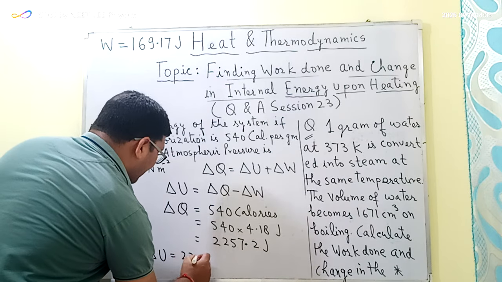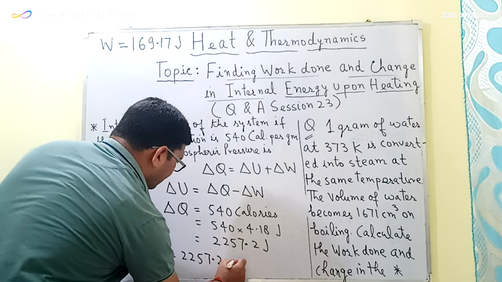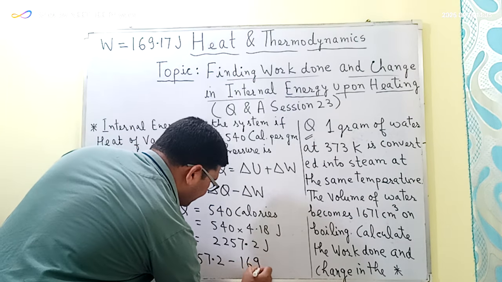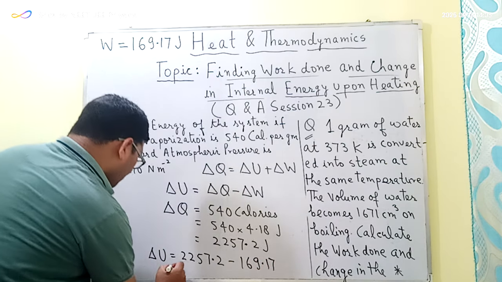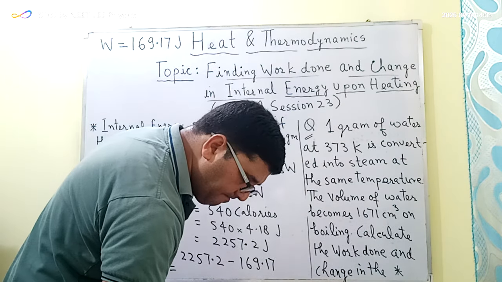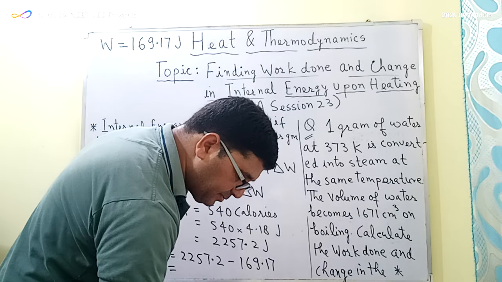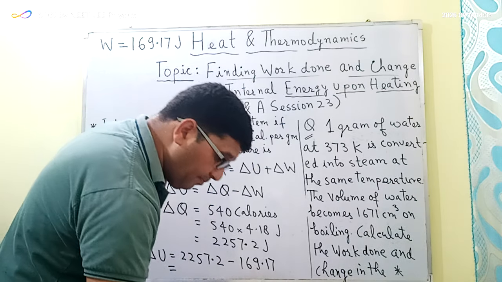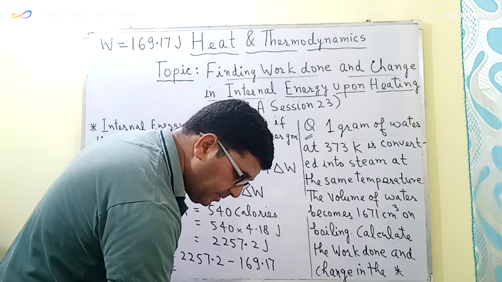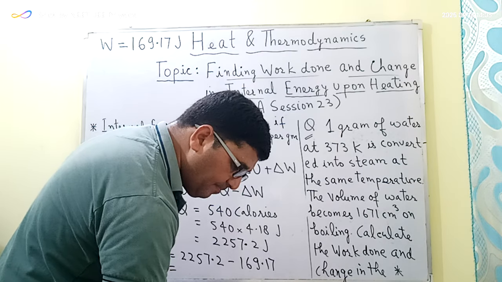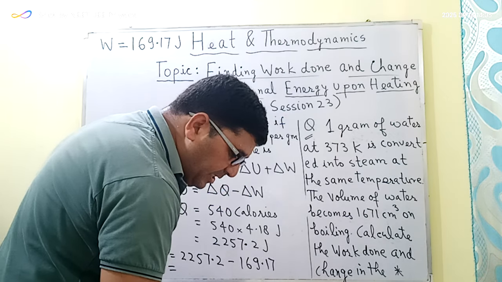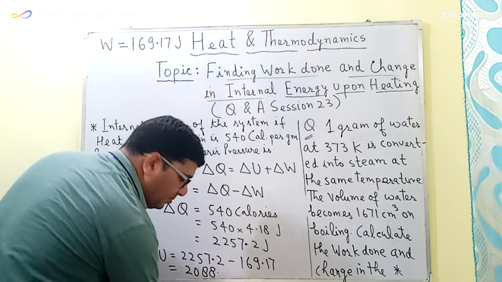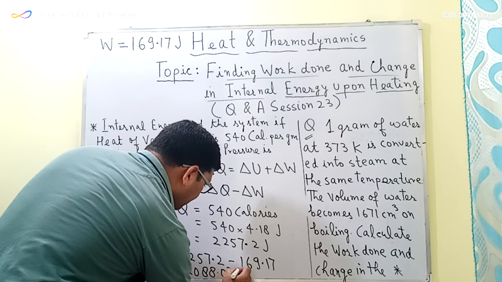So the change in the internal energy, that is delta U, will be equal to delta Q, that is 2257.2 joules, minus the work done, which is equal to 169.17 joule. So this will be equal to 2257.2 minus 169.17, which is approximately equal to 2088.03 joules.